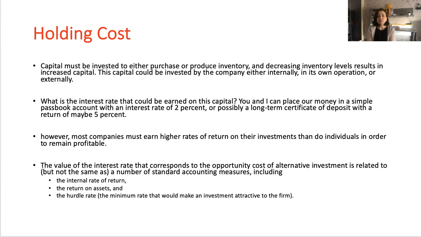It is related to a number of standard accounting measures, including the internal rate of return, return on assets, and hurdle rate. I mean the minimum rate that would make an investment attractive to the firm.